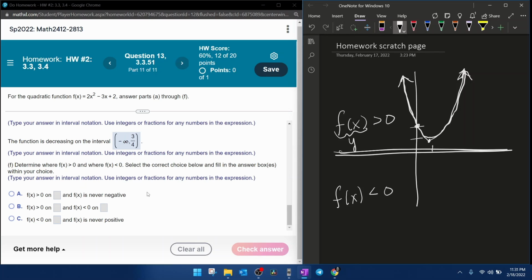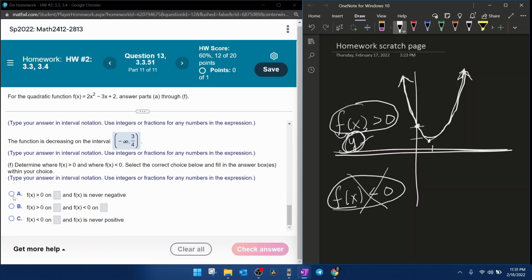So all of the y values for every ordered pair on this graph will be positive. Since they're above the x-axis, this entire graph is greater than 0. None of the y values are below the x-axis, so there is no part of this graph where f of x is less than 0.